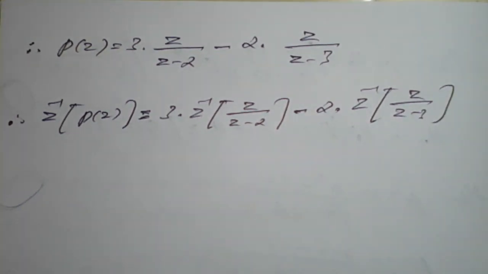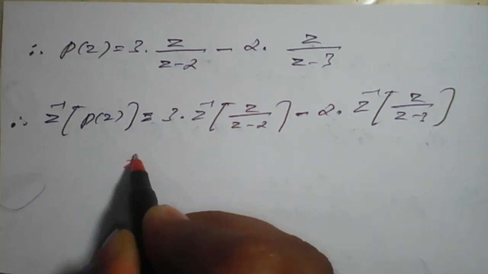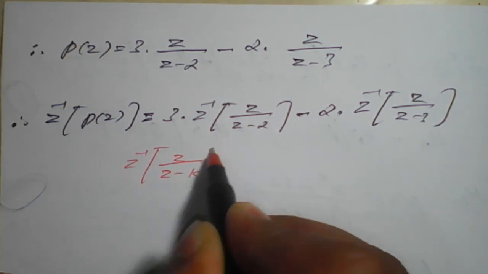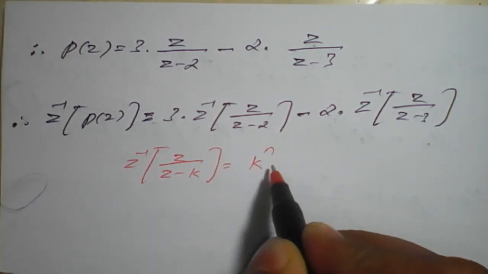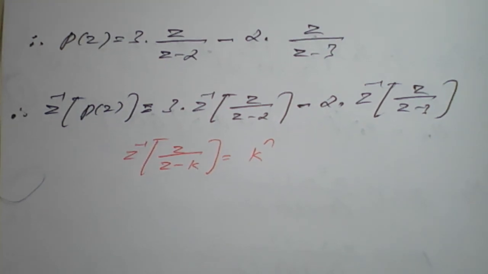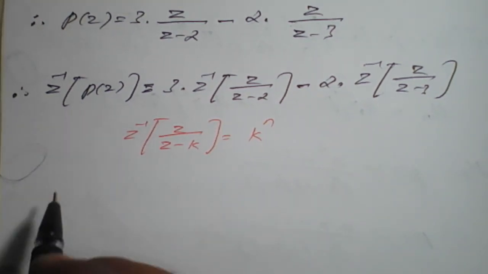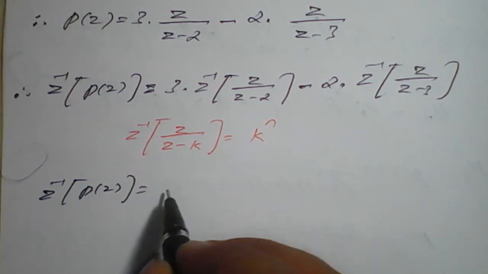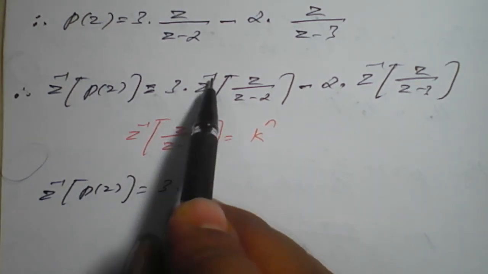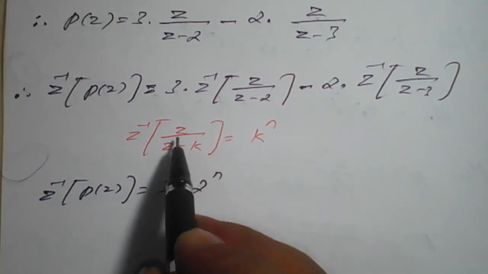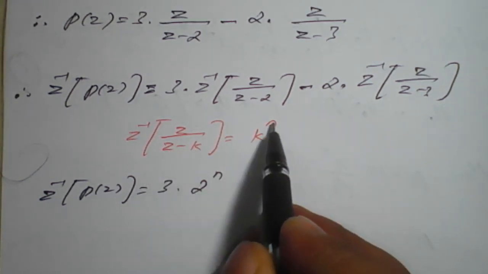As we know the standard formula, Z inverse of z divided by (z minus k) will be k raised to n. The same formula will apply for the above two terms of the right hand side. So therefore the left hand side Z inverse of P(z) is equal to 3 into Z inverse of z divided by (z minus 2), which is 2 raised to n, because z divided by (z minus k) is k raised to n.